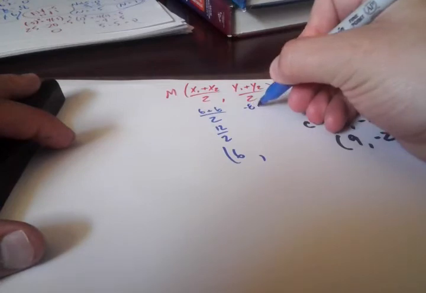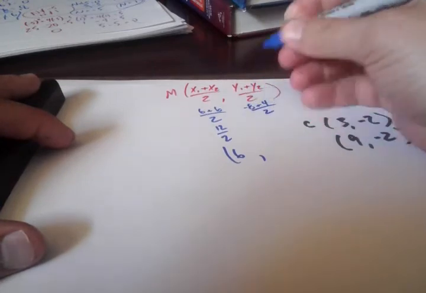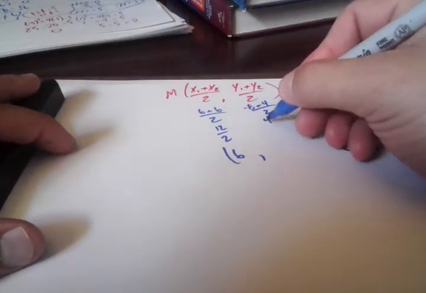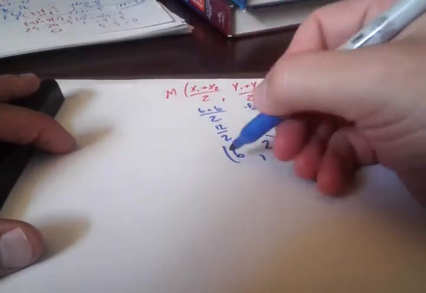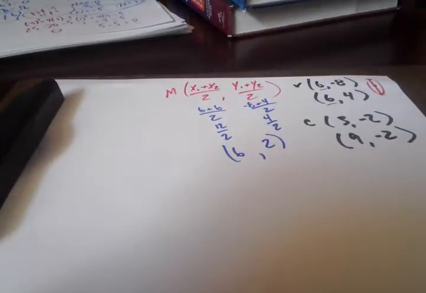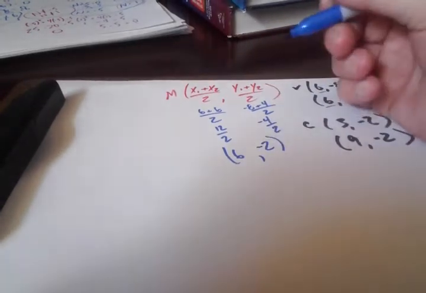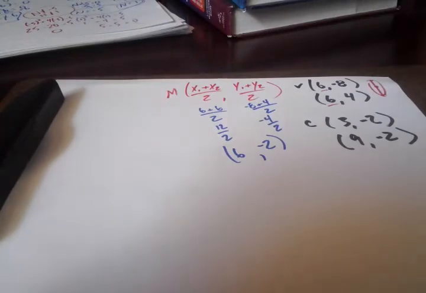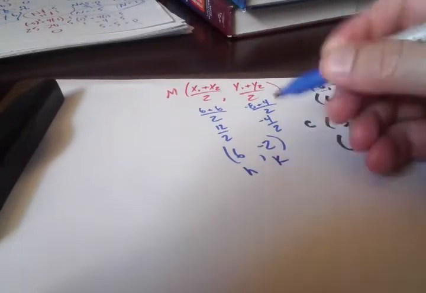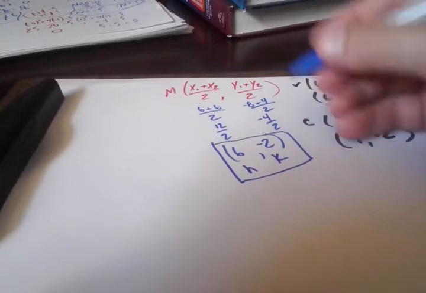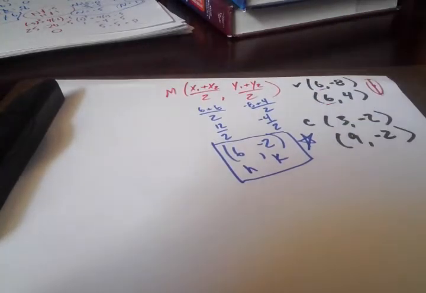I have negative 8 plus 4 over 2, which is clearly 4 over 2, which is 2. So it looks like the center is 6, 2, right? Excuse me, this should be a negative 4, which makes it a negative 2. So 6, negative 2 is our center, which is our h and our k. I'm going to put a little star by this box because we will need it in a second.